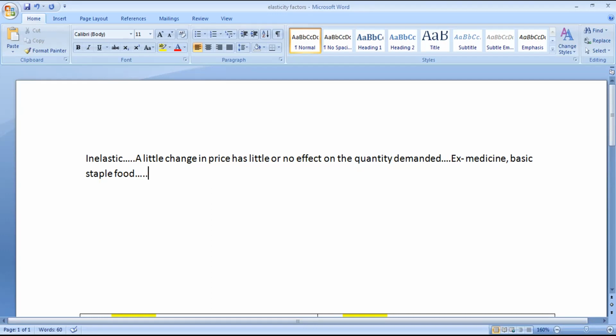Now, why is learning about elasticity important? You're learning to become a business manager, right? That's the purpose of studying this business degree. So think about it.